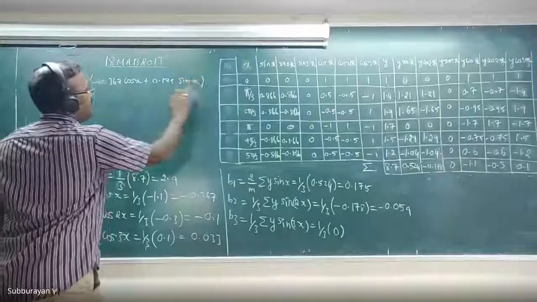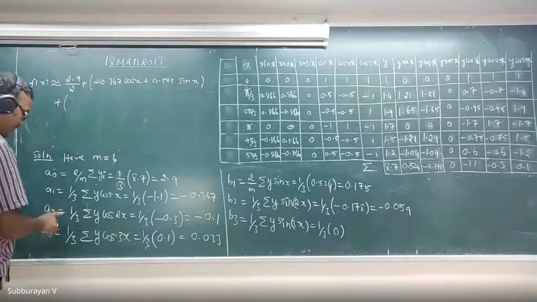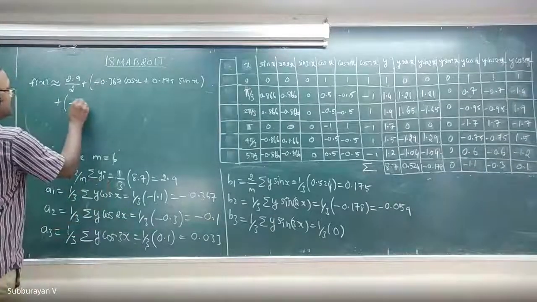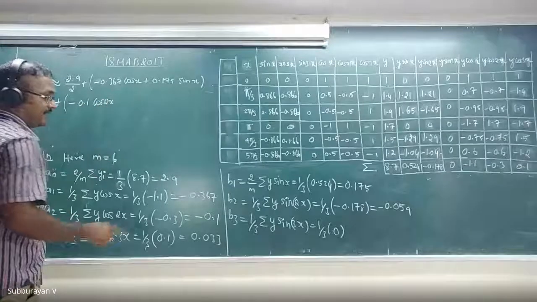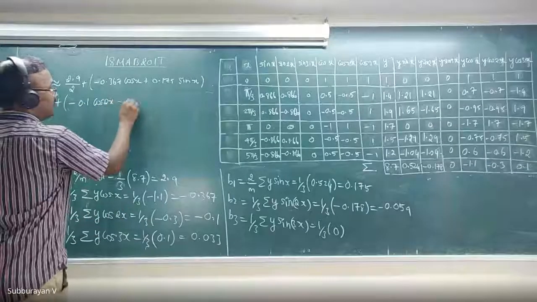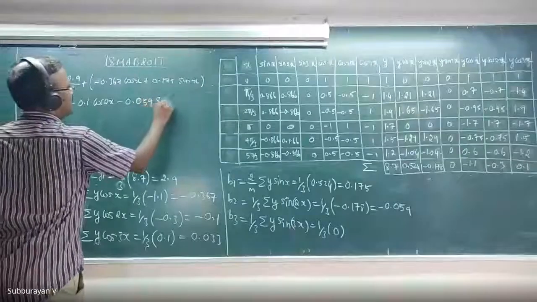So this is up to the first harmonic. Plus a2 is minus 0.1 cos 2x and b2 is minus 0.059 sin 2x.